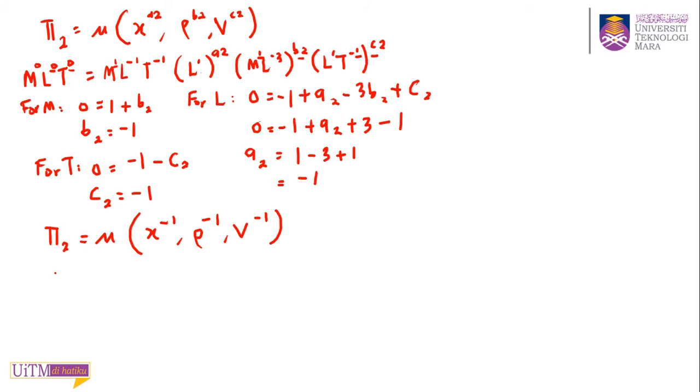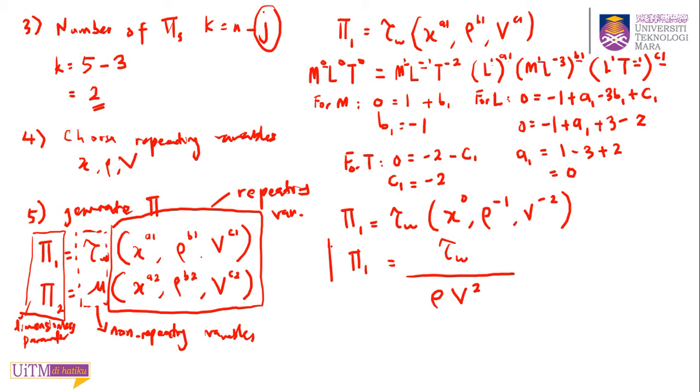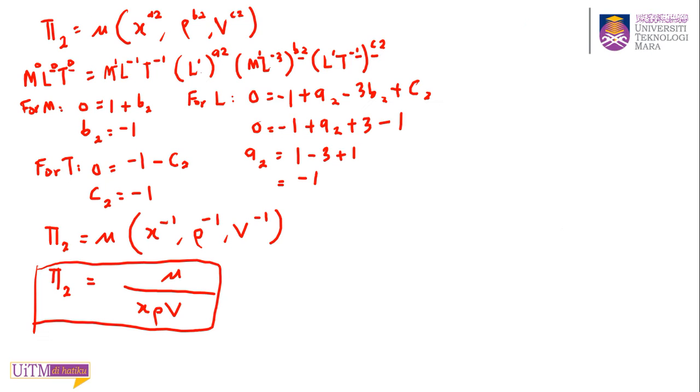So you can write your final equation for pi 2 as mu over x rho V. Pi to the minus 1, right? Okay. Now you have already solved your 2 pi's. You got your pi 2, this is its equation. And you also got your pi 1, this is its equation.